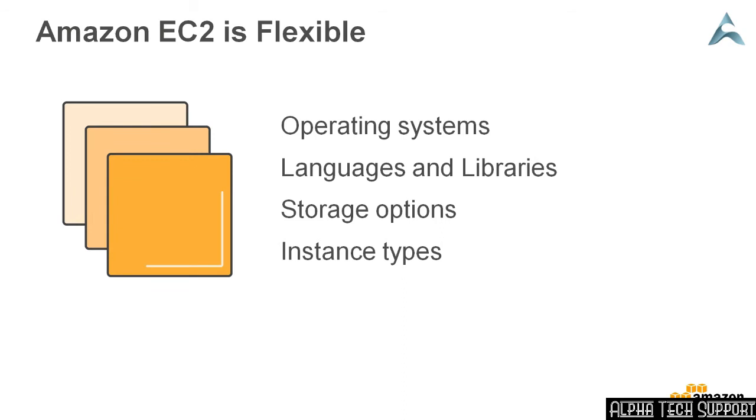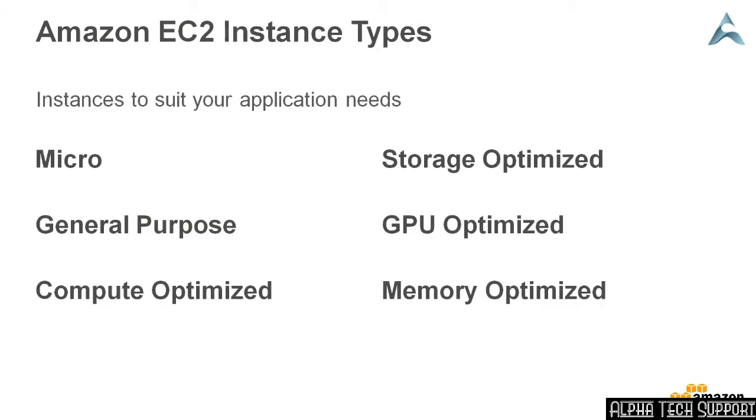It has operating systems, languages, and libraries based on various languages like Python, Node, Java, and others. It has storage options that can be S3 or any other storage options. It has multiple instance types. You get 6 types of instances that suit your application needs.